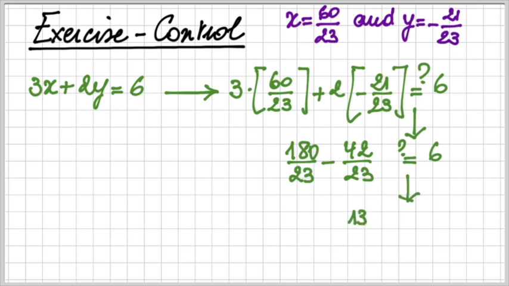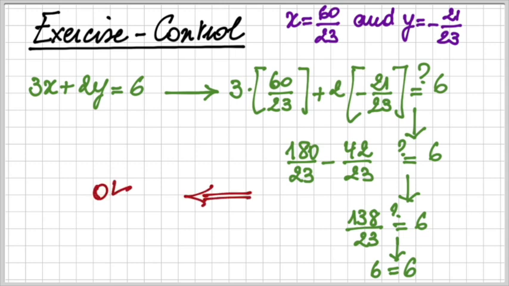And we can do the calculations. So we have 138 divided by 23. Is that equal to 6? Well, if we do the calculation, we'll see that the left-hand side and the right-hand side are equal, which means that 60 over 23 and minus 21 over 23 are solutions for the first equation.